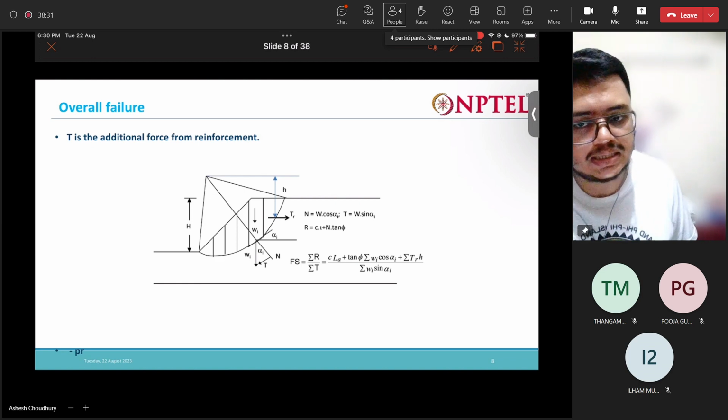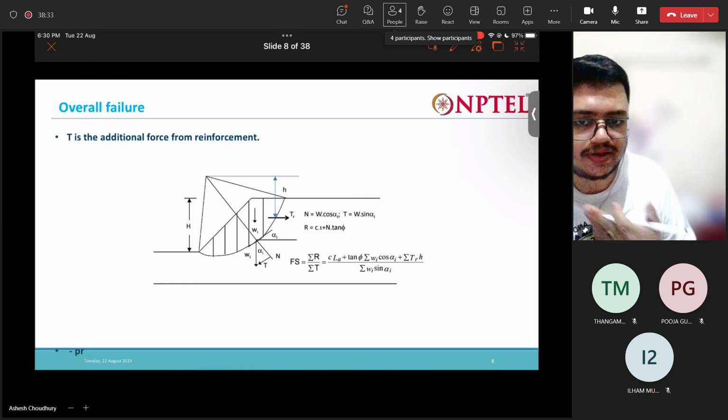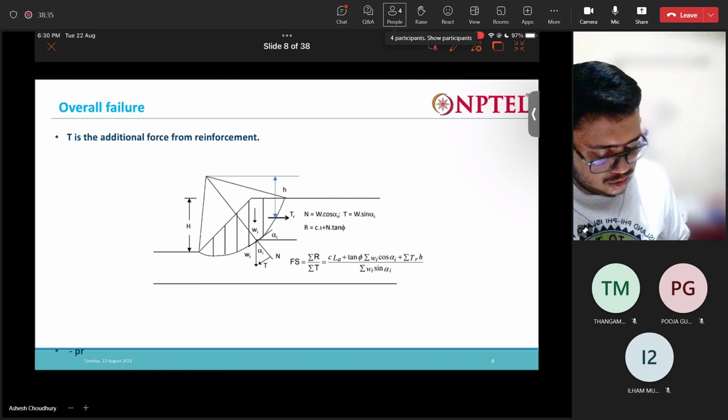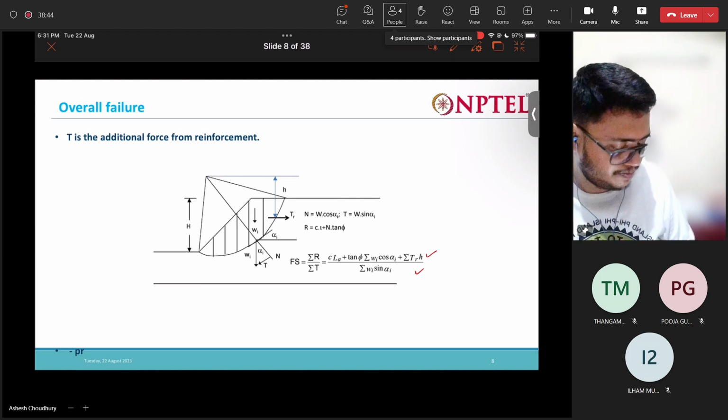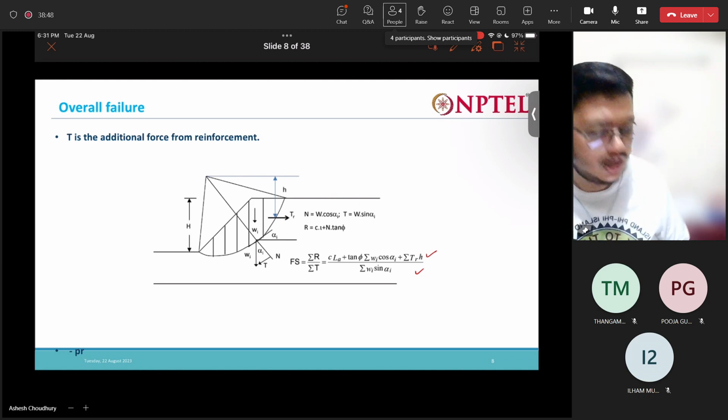We need to identify this failure wedge, and then find out the factor of safety. In the factor of safety, you can see the numerator is the resisting moments. So from where are these resisting moments coming?